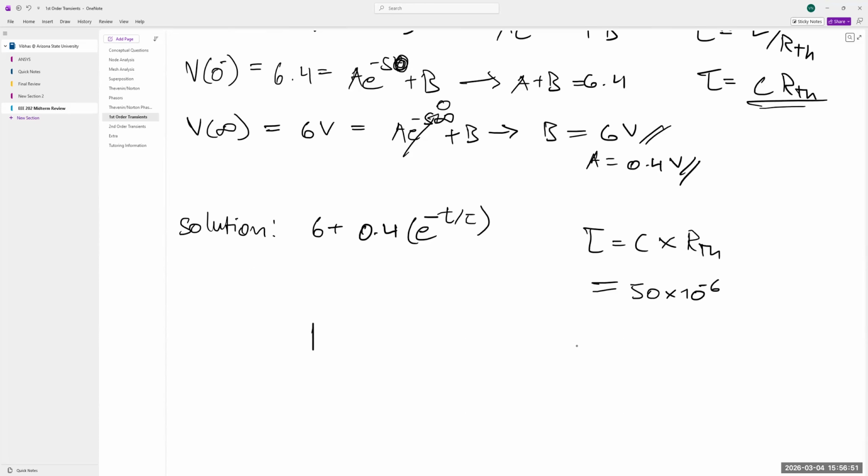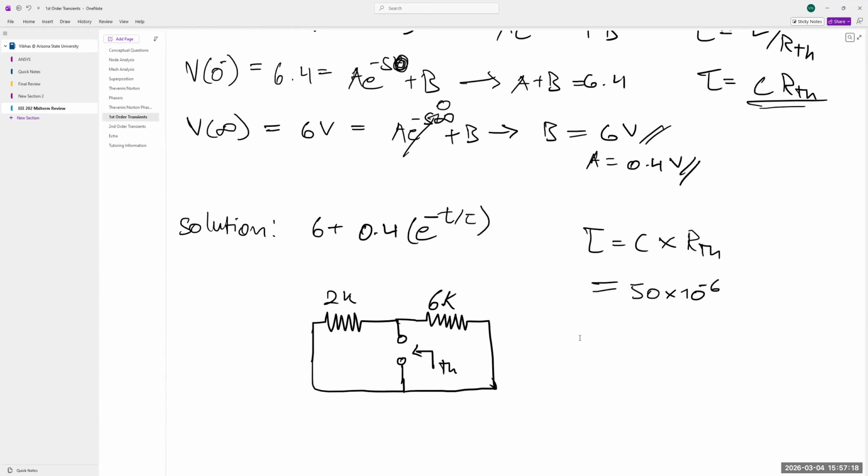So let me just redraw the circuit. It's going to look like this. We have 6 kilo ohms over here, and we have 2 kilo ohms over here, right?